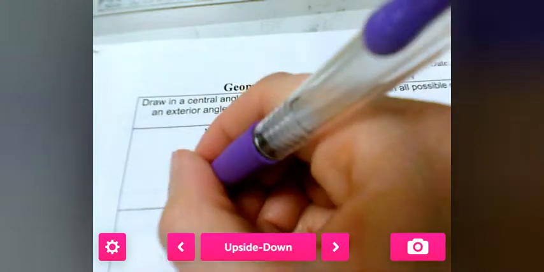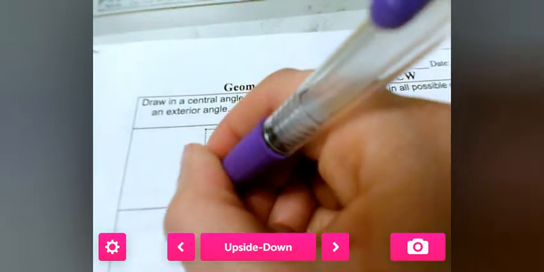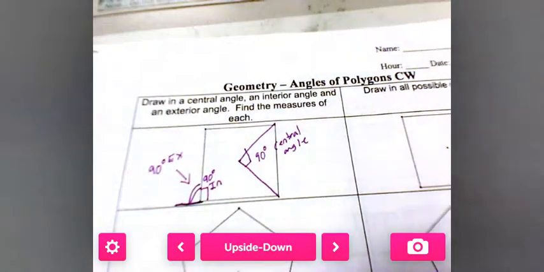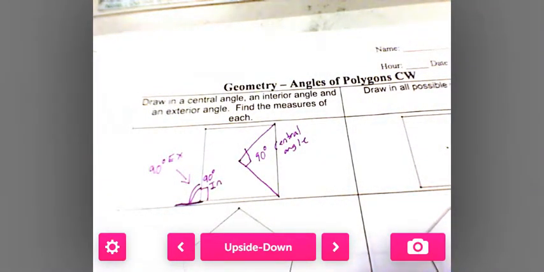It would be this angle right here, if we extended the bottom here. And this happens to be 90 degrees as well for my exterior. Okay? Interior, inside the lines. Central angle goes through the center. And then exterior angles if we extended a line out.